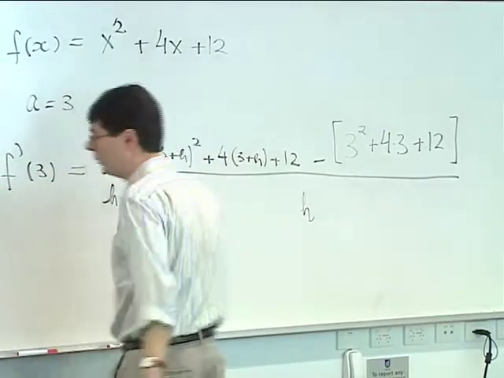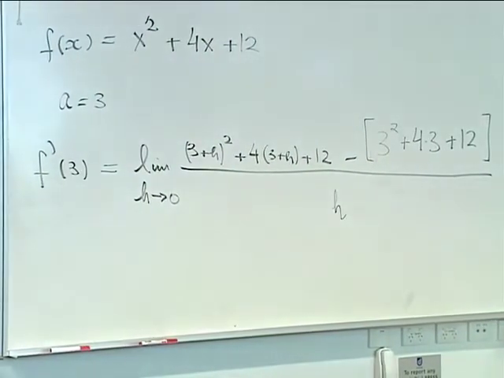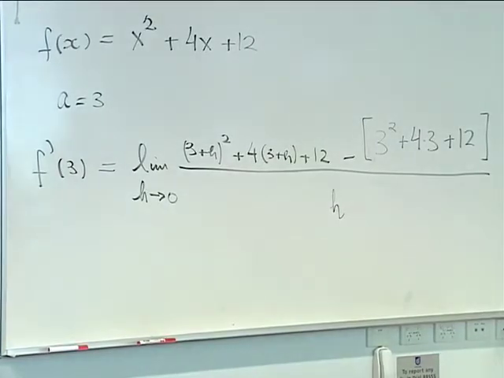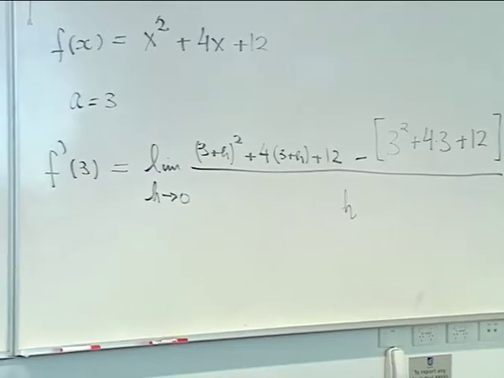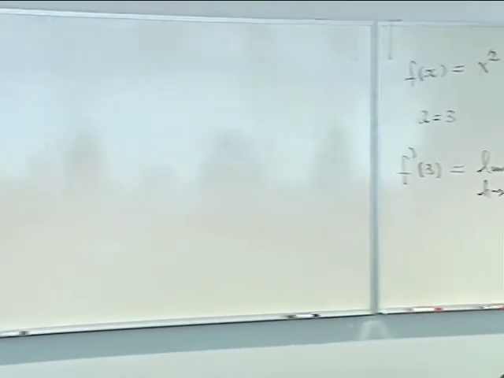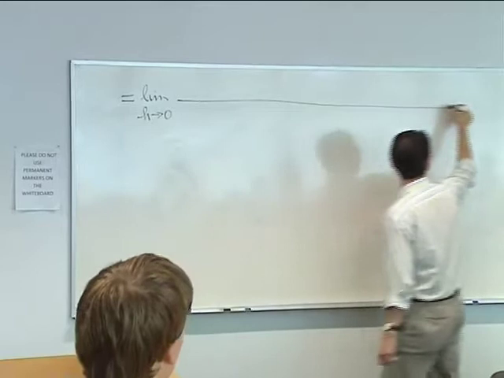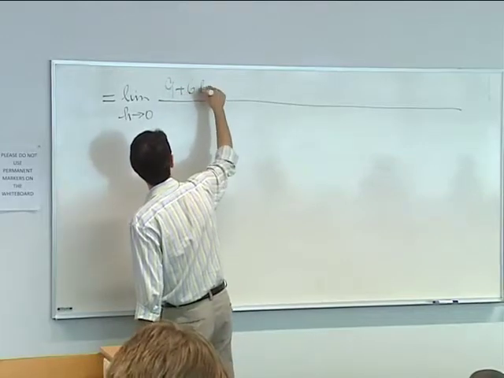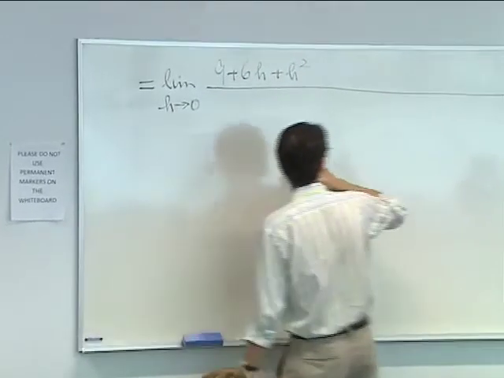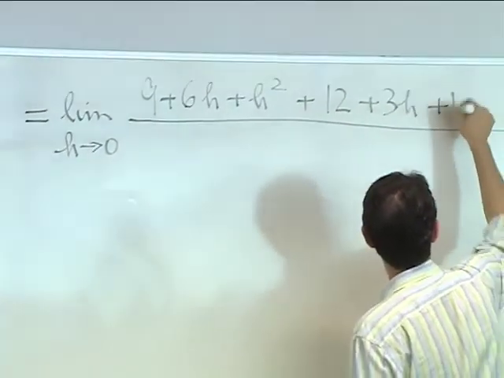So let's do that. I'm going to write, coming from over there, the limit when h goes to 0 of, expand that, it's 9 plus 6h plus h squared plus 12 plus 4h plus 12.